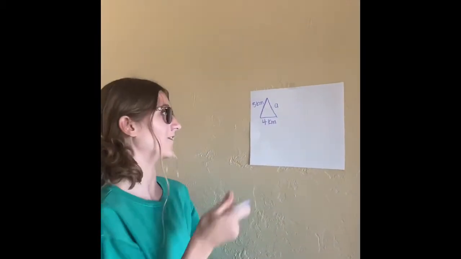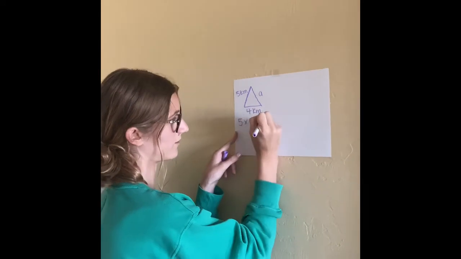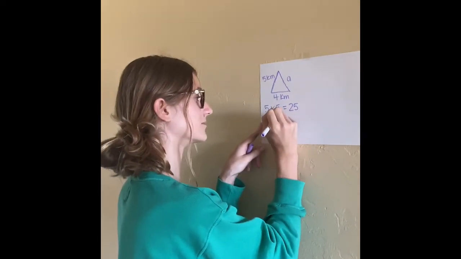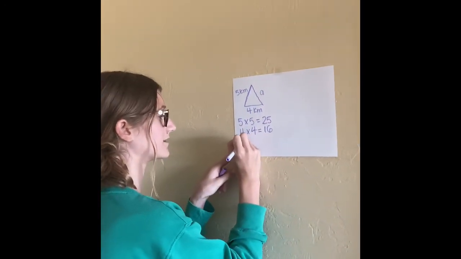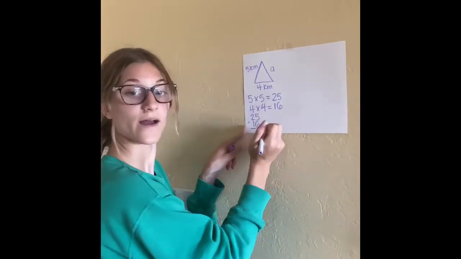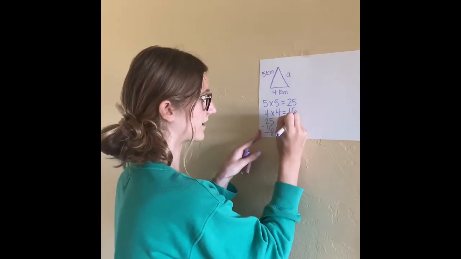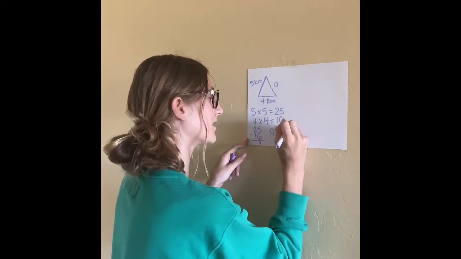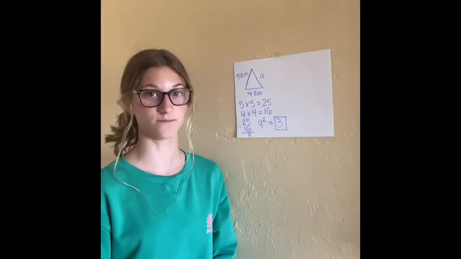We're going to look for the biggest number, which is 5, so 5 times 5 equals 25, and then 4 times 4 gives us 16. Now we're going to subtract 16 from 25, and that is going to give us 9. The square root of 9 is 3, so our final answer for this A problem is 3.